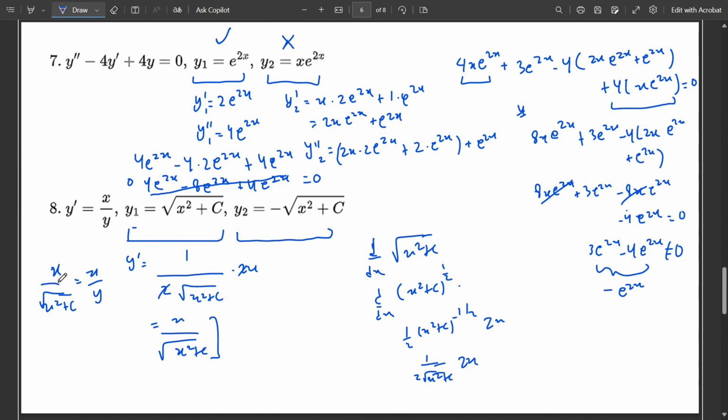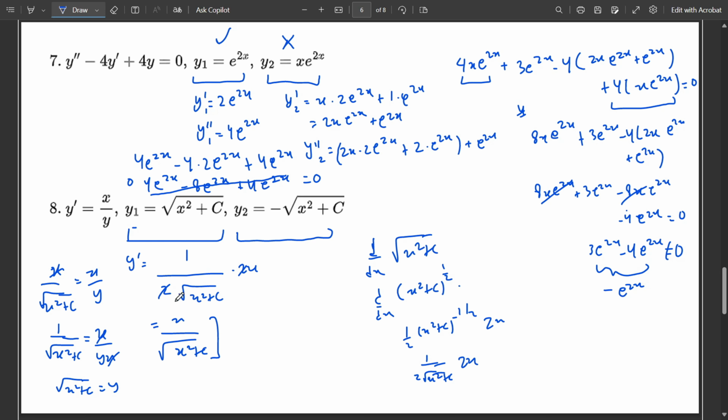Well, if we cancel the x, we have 1 over square root of x squared plus c equals 1 over y. So it cancels out, and that means the square root of x squared plus c is equal to our y.